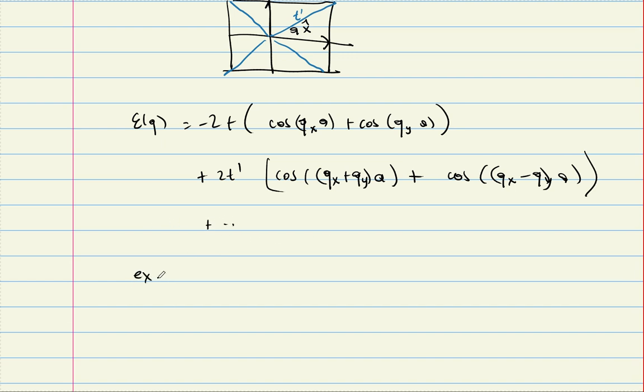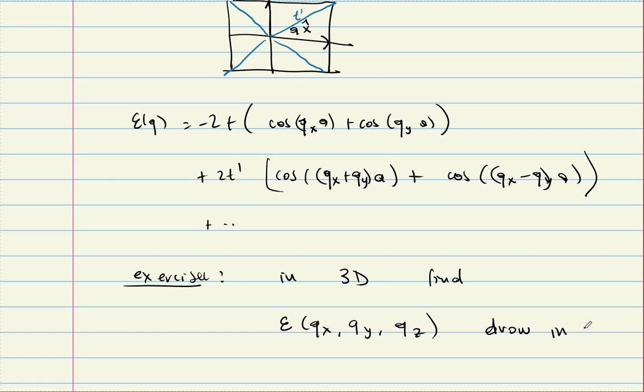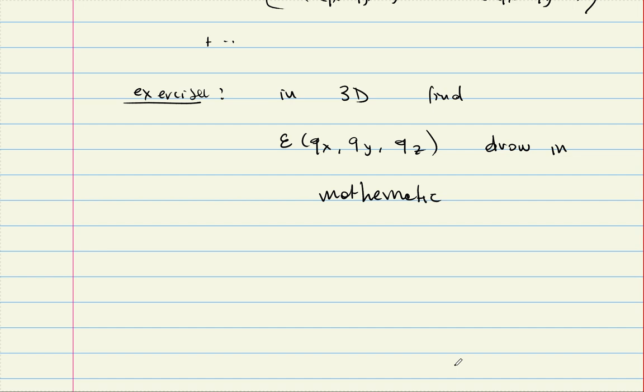Another exercise. Do it in 3D, right? There will be qx, qy, qz, and also find epsilon of qx, qy, and qz. And it's also a good idea to draw it in Mathematica, and you are going to see these bands people show in the textbooks that look kind of weird.